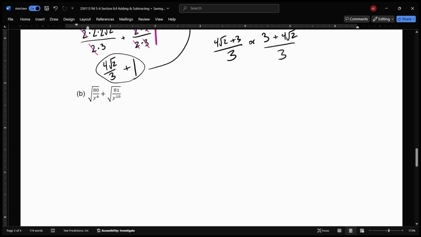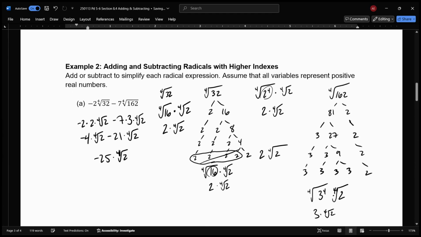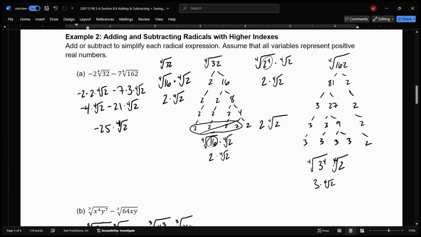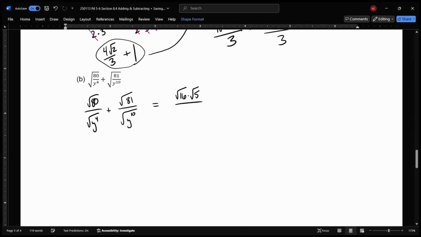Let's talk about square root of 80 over square root of y to the 4th, plus the square root of 81 over the square root of y to the 10th, right? 80, I would hope you recognize it's the square root of 16 times the square root of 5. Otherwise, you're going back to prime factorization, making factor trees to get a bunch of 2's and a 5.